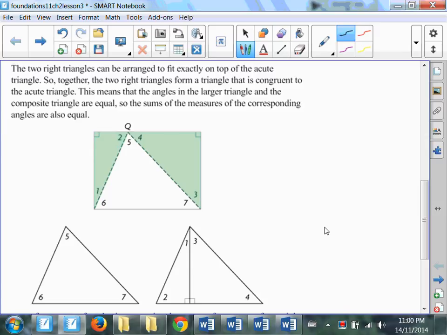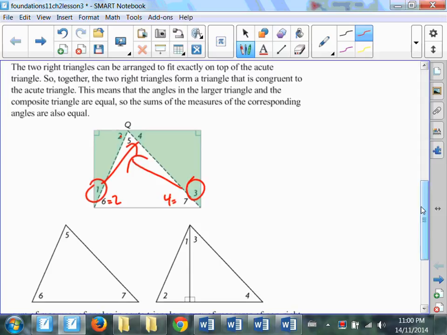So in other words, angle 1 and angle 3 combine to give us angle 5, right? And angle 2 is equal to angle 6, and angle 4 is equal to angle 7. Okay?